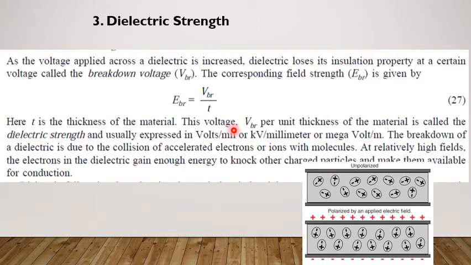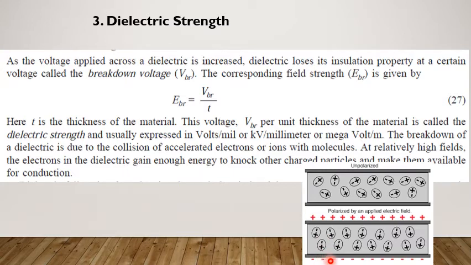V BR per unit thickness of the material is called the dielectric strength and is usually expressed in volts per millimeter or megavolt per meter. How will the breakdown of a dielectric take place? Although it is an insulating material, how does electric current start to pass at very high voltage?